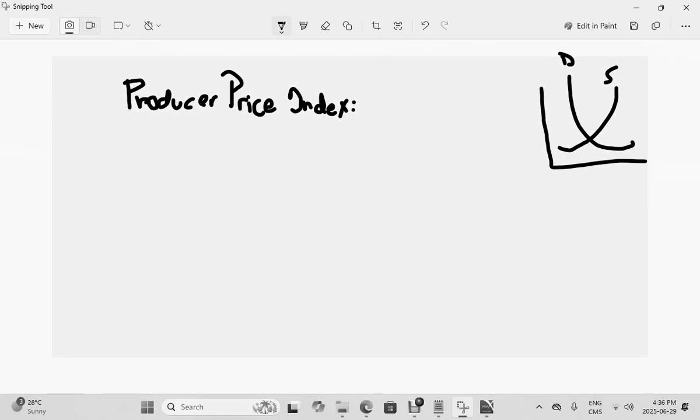So the producer price index has to do with things like the cost of production, and in general, producer production patterns.